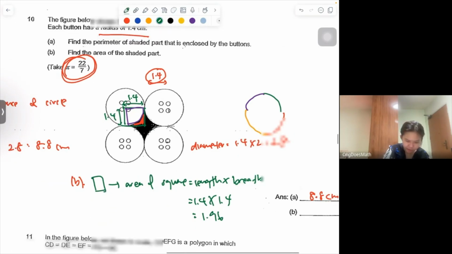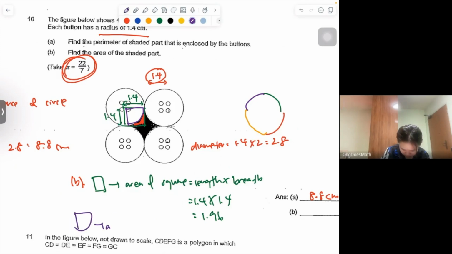Next, you want to find the area of the quadrant. So this guy over here. Quadrant is just 1/4 of a full circle. So what's the formula for the area of a circle? It's pi r squared. But since it's a quadrant, which means that it's 1/4 of a circle, you have to multiply by 1/4 at the front. It will be 1/4 times pi.